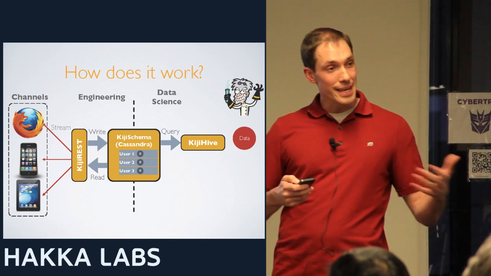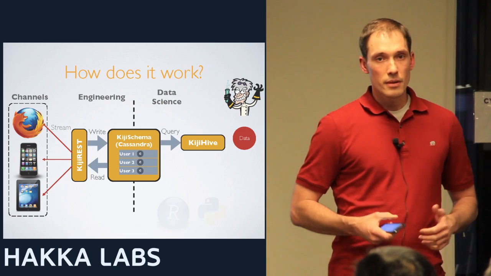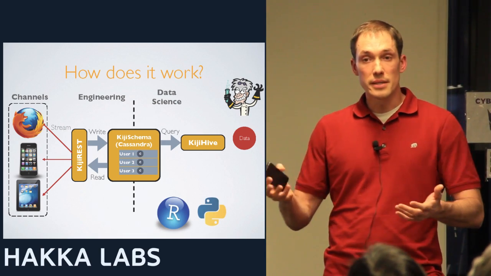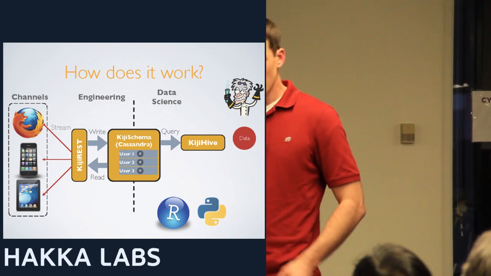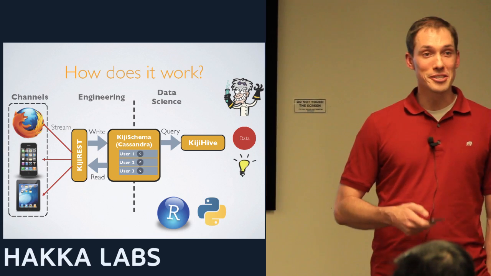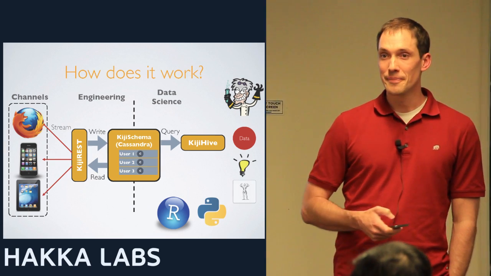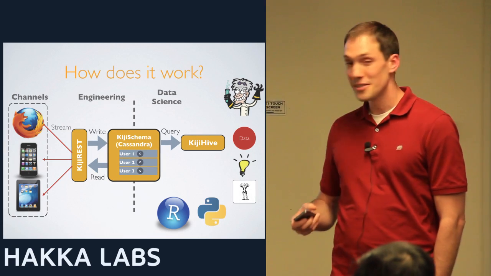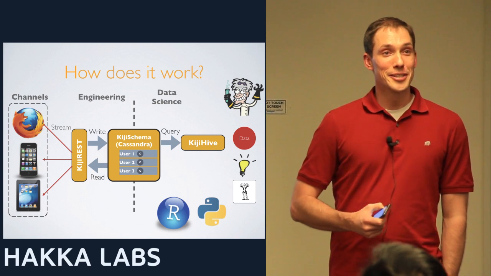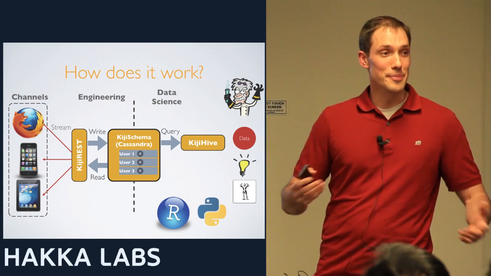Once a data scientist gets his data out of Qiji Schema, he or she can analyze it using, again, data science-friendly tools like R or Python. Then they can gain some insights about how customers are interacting with our application and hopefully apply those insights to develop some new predictive or machine learning models that will improve the customer experience for our application.